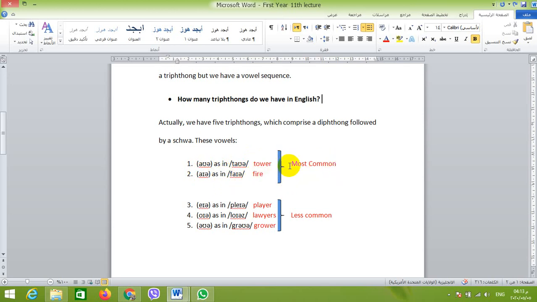These are most common in English. It's more common than this group of triphthongs. So here we have ow, movement from this vowel to this vowel, then to the schwa. 2 moves and 3 vowels.